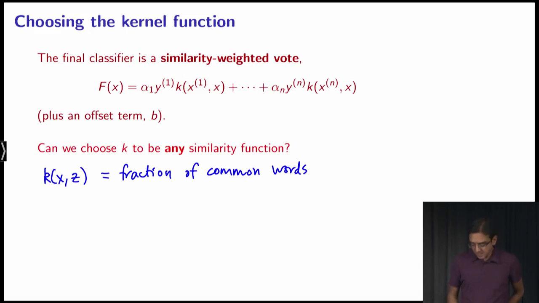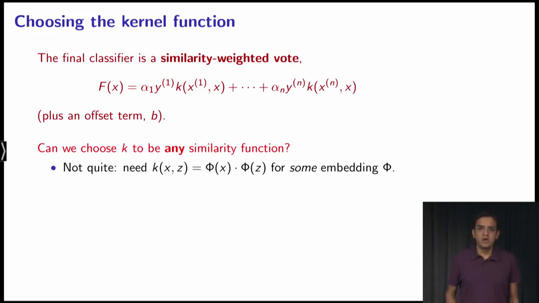So it turns out that we can almost do this, but not quite. What we need is for the similarity measure to correspond to dot products in some high-dimensional expanded feature space. It doesn't matter what exactly this extension is, as long as it exists.